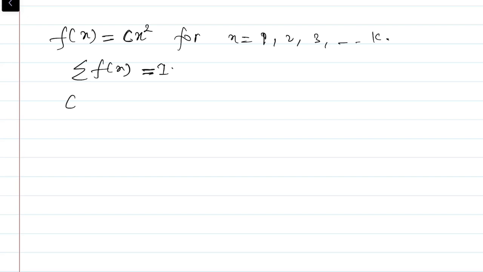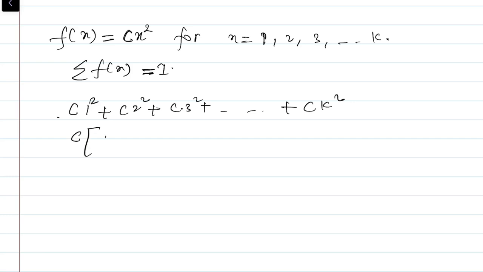Now let's add each term. So the first term will be c, and then plus 4c, right? Okay, let me write it like this. So this is c times 1 square, c times 2 square, c times 3 square, and so on up to c times k square. We can take c as common, so this is 1 square, 2 square, 3 square up to k square, and this equals 1.